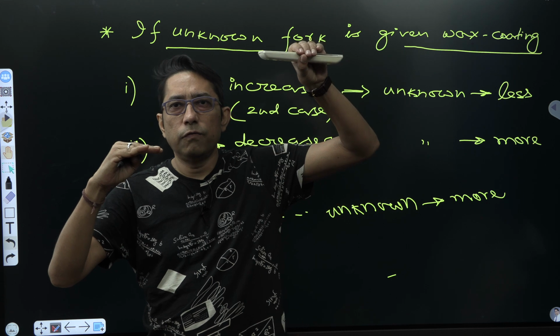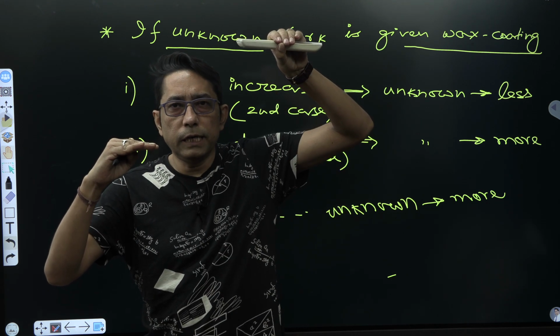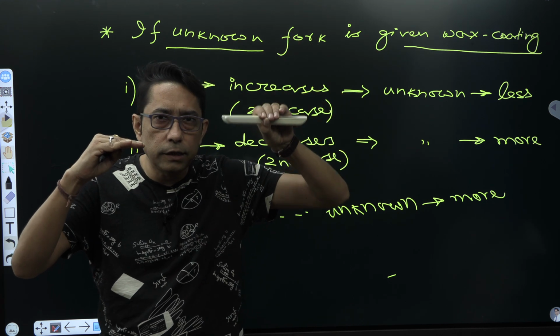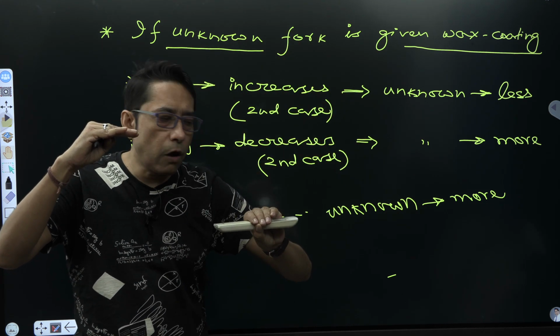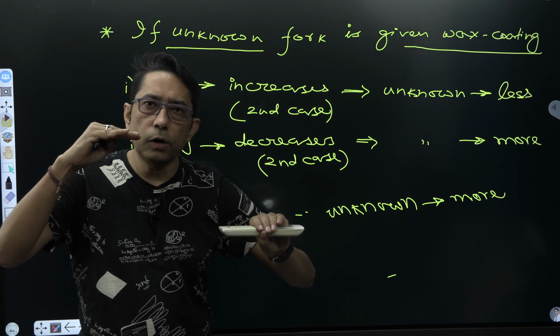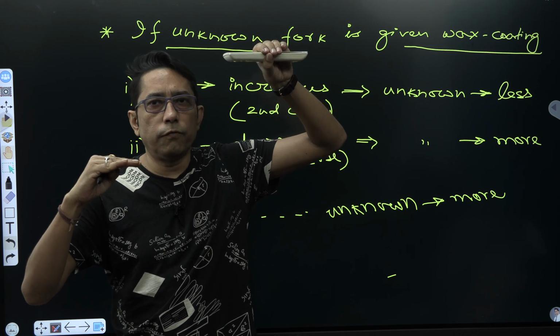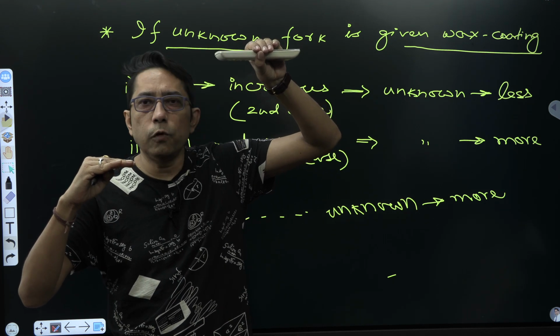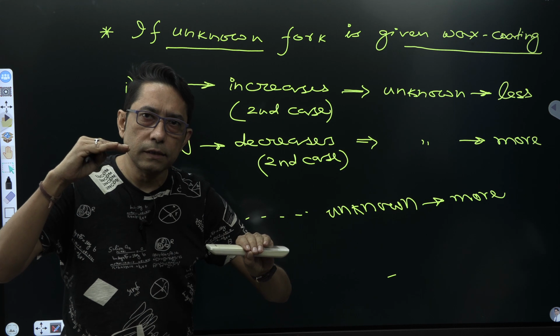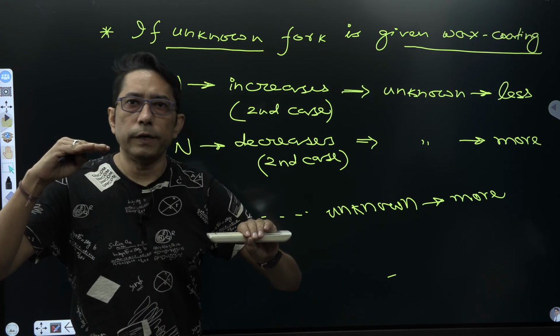How many before? 4. Why? It was 4 more than 200. Now, having decreased it by 8, 4 and 4, it is 4 less than 200. So in both cases, being 4 more, it produced 4 beats, and being 4 less than this, it will again produce 4 beats.